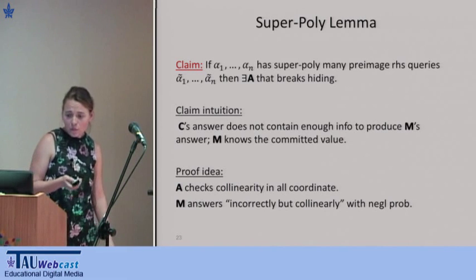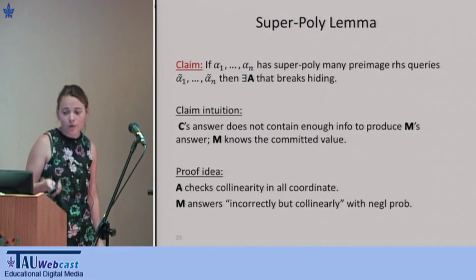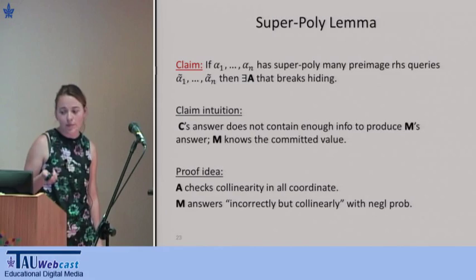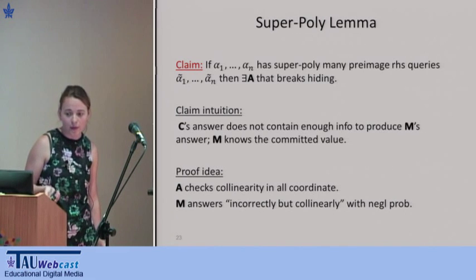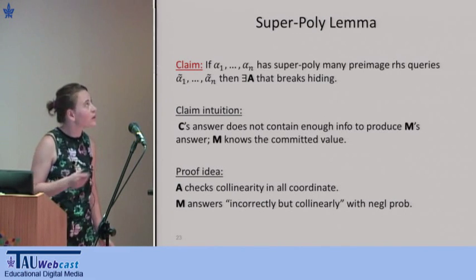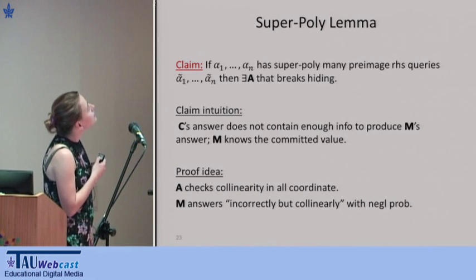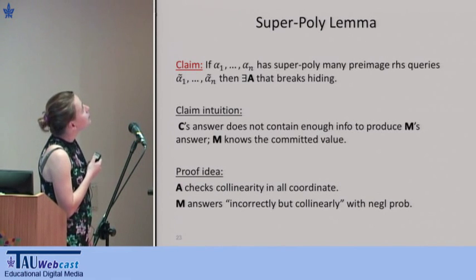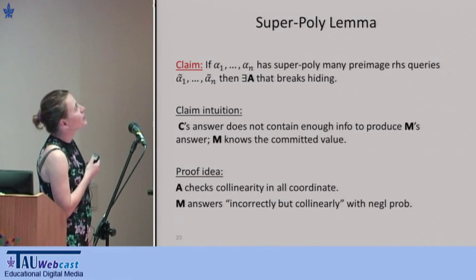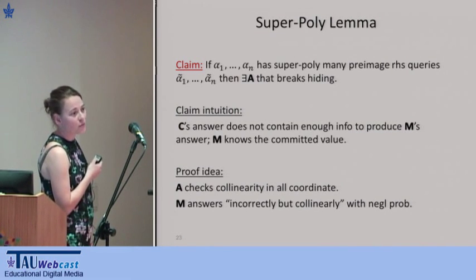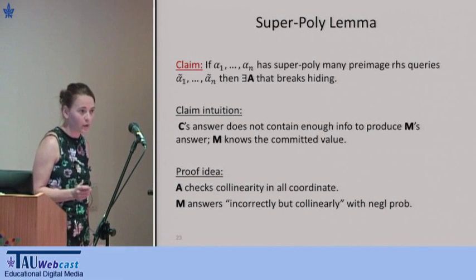And part of the proof, we show that M will answer incorrectly but collinear with negligible probability. And in this case, this relies on the fact that we have super polynomially many challenges here that map to the same one, but only one of the super polynomially many challenges will make it collinear. That's what we show in the proof. Okay?